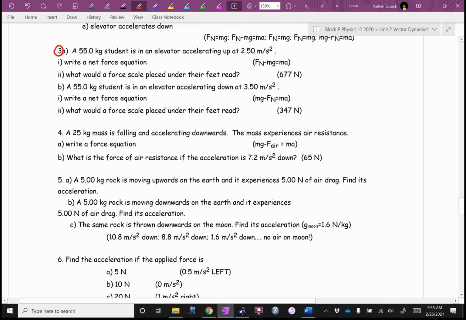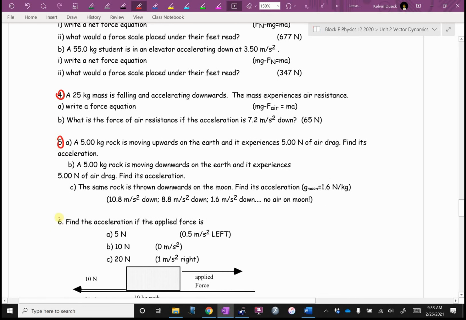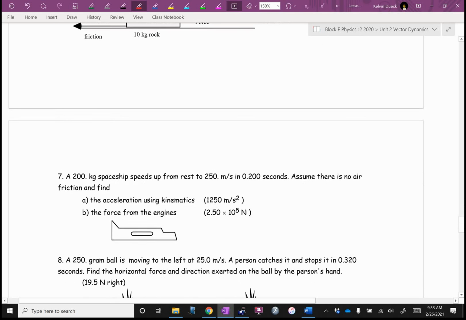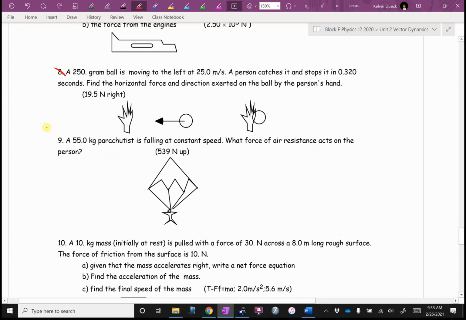3 is good. 4 is good. 5 is good. 6 is good. Skip 7, skip 8. 9 is good.